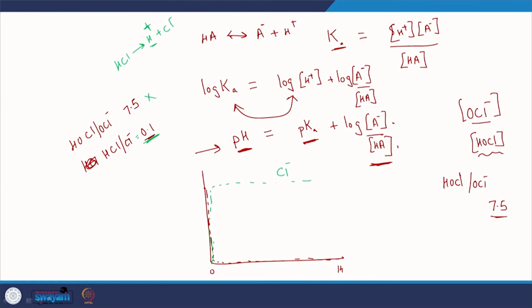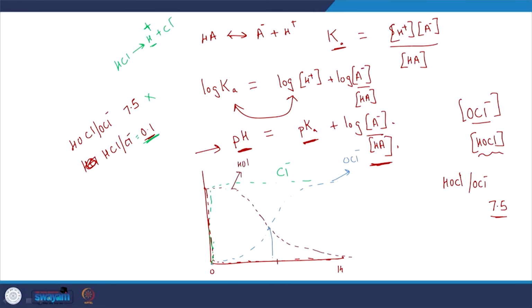Let me try to find another. For HOCl, I know that the pKa is somewhere here. For most of the range, the HOCl will be something like this, and this is HOCl. And let me try another color. Only at this point will it be equal to OCl minus.